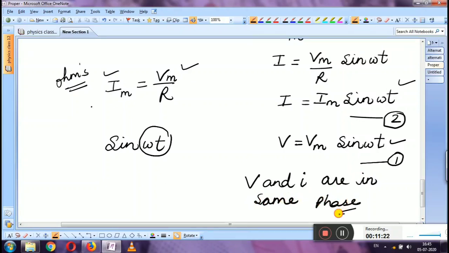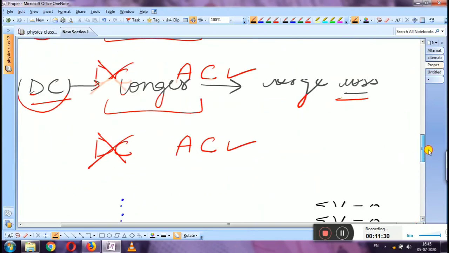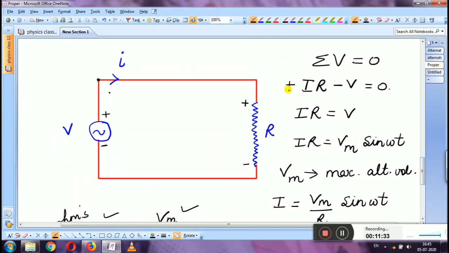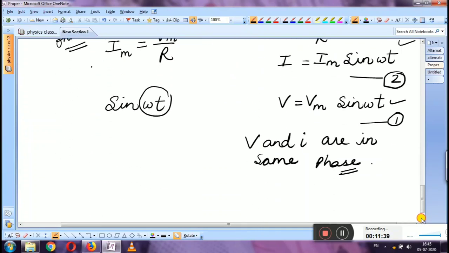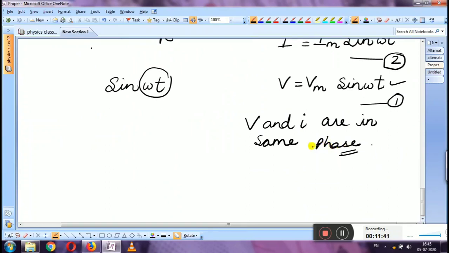That means alternating current and alternating voltage will be in the same phase forever, for a resistive circuit. For a resistive circuit, alternating voltage and alternating current will remain in the same phase.